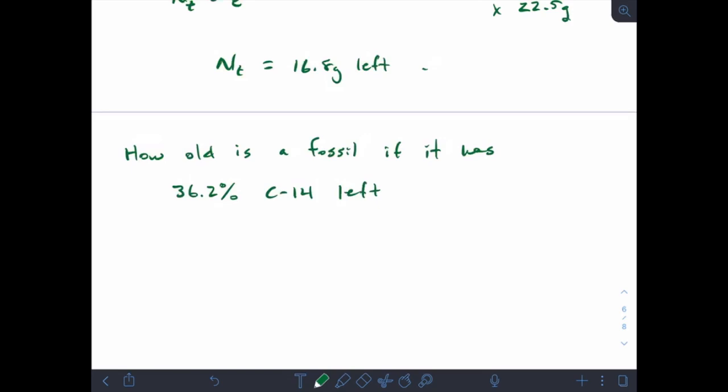Okay, so the half-life for carbon-14 is well known, 5,730 years. That's a well-established value.